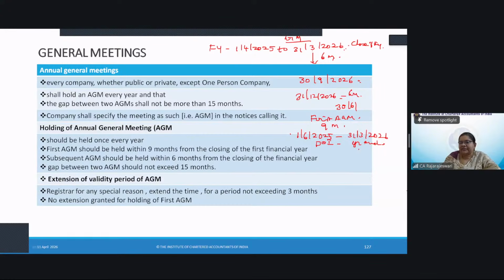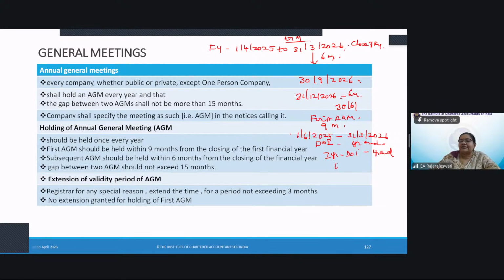So for the first year, be clear that it runs from the date of incorporation to the year end.